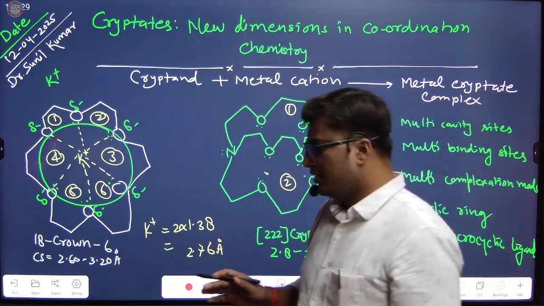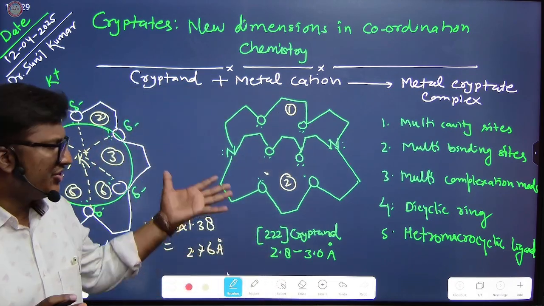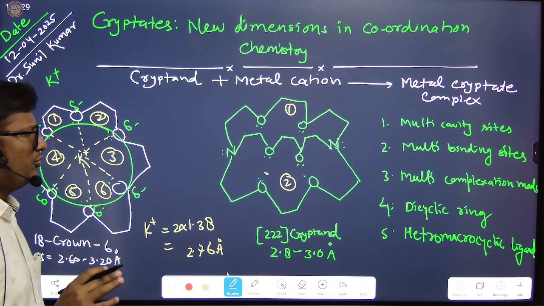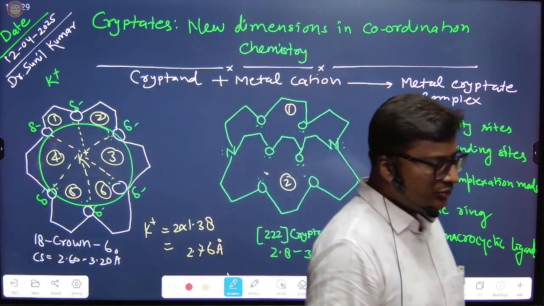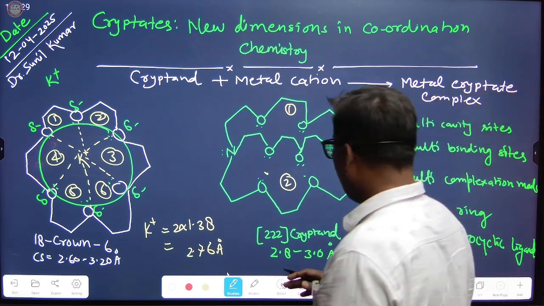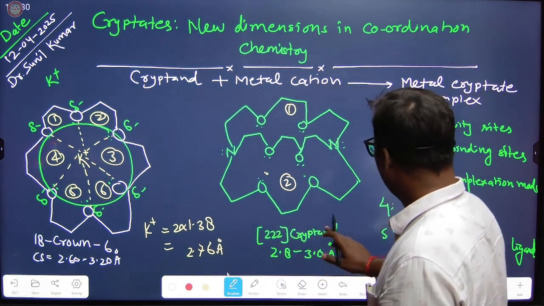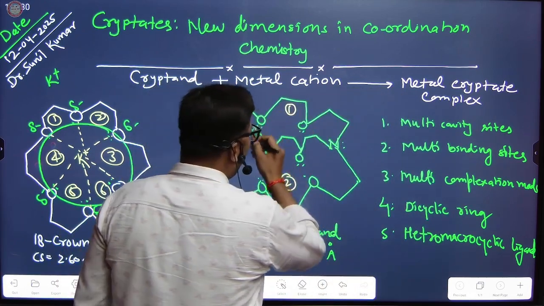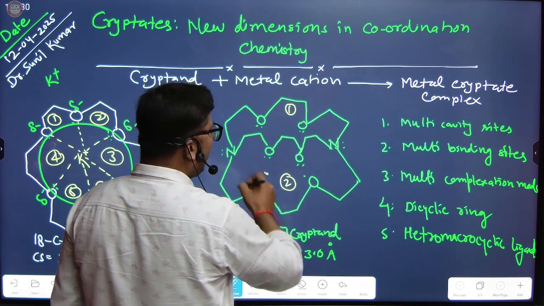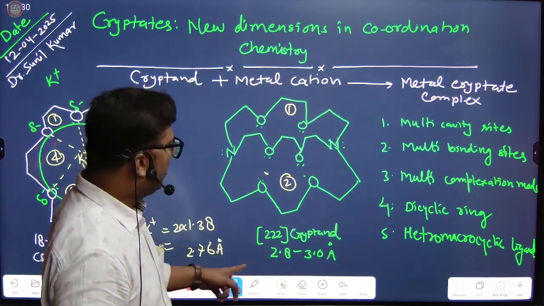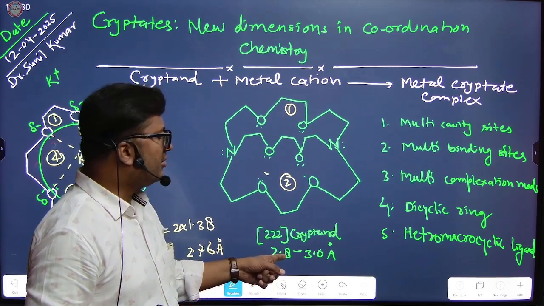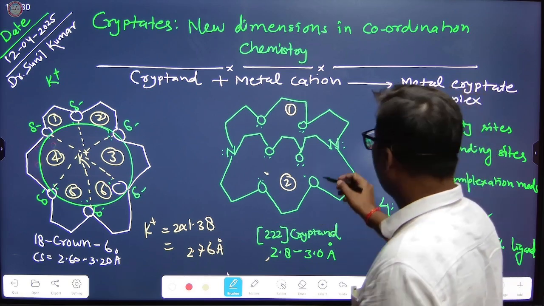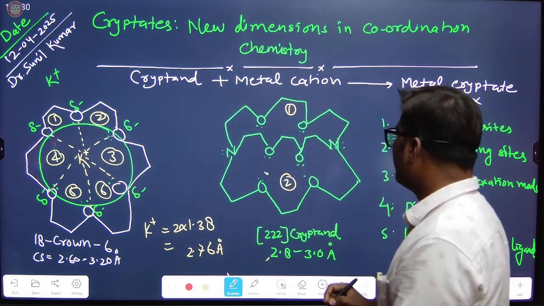It means the 3 threads in the ring structure each contain 2 ethereal oxygens or 2 ether groups. That is why it is depicted as 222 cryptand. The overall size of this ring structure lies around 2.8 to 3.0 angstrom, right? So this is the cavity size of this structure.